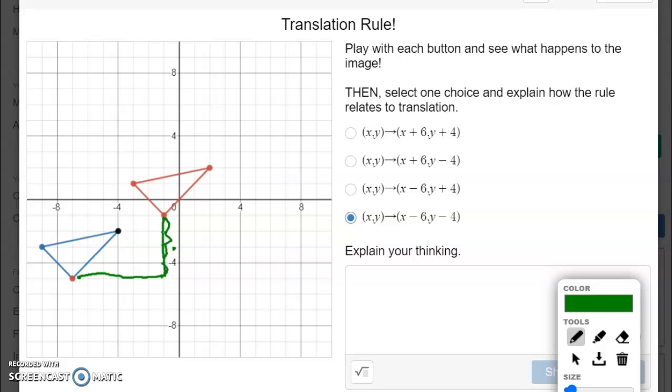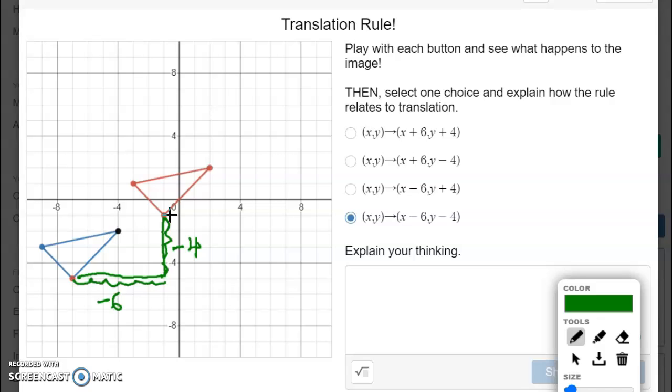And remember when you're going down on the vertical axis, you're becoming more negative. It went down, so it's -4, and it went to the left by 1, 2, 3, 4, 5, 6. So going to the left by 6 means it's becoming more negative. So we say it's -6.